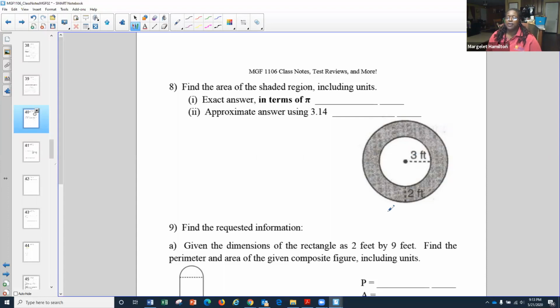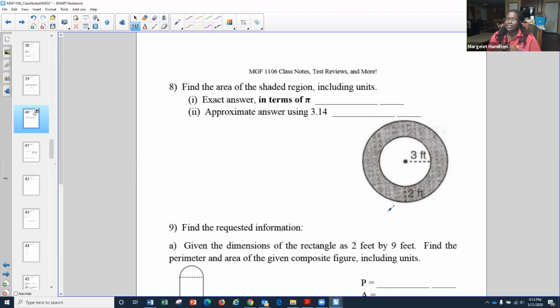Now, remember, we're trying to find the area of the shaded region. So now, if you think about it, we have this shaded circle. Logically, if this whole thing was shaded, we could find the area of that whole entire circle. We'll have that. And we could find the area of the small circle inside that's not shaded.